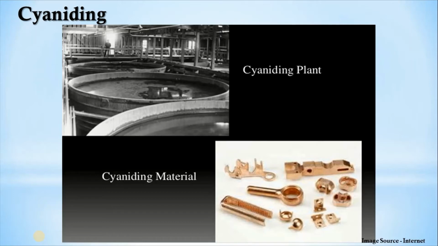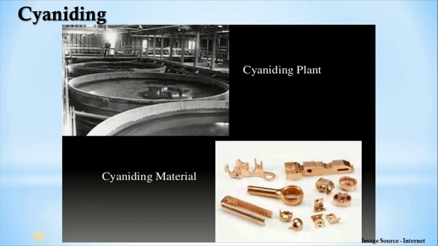Cyaniding is followed by quenching and tempering to produce a case with the desired combination of hardness and toughness. So whatever material we get using the cyaniding process has good hardness and toughness properties. Also the look of the cyanided material is very good.